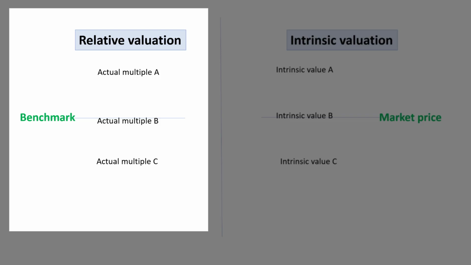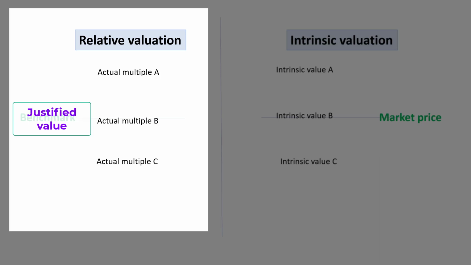Back to relative valuation. In case A, the actual multiple is higher than the benchmark. And the way I think it is best to understand this situation is to think about the benchmark in a relative valuation as the justified value.